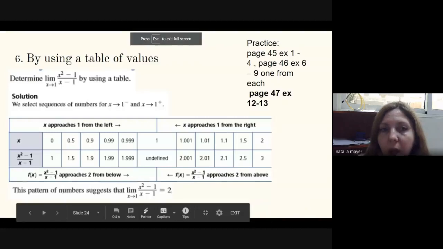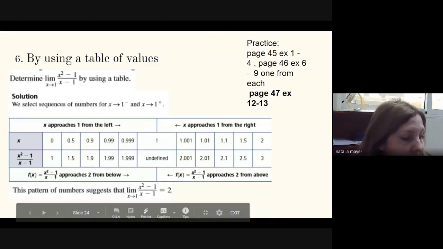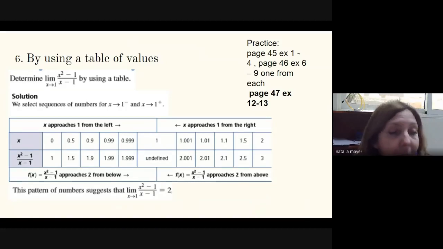Strategy number 6, by using a table of values. I want to make it clear at this point that one question might be solved using different strategies, right? However, I am trying to teach you to use the most efficient, which means the shortest, way of solving it.